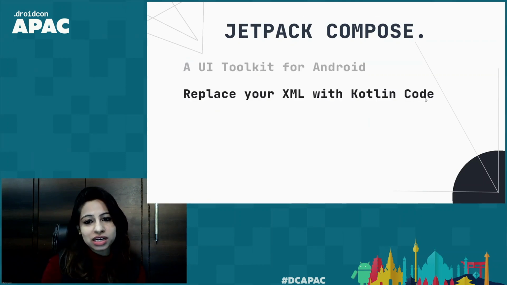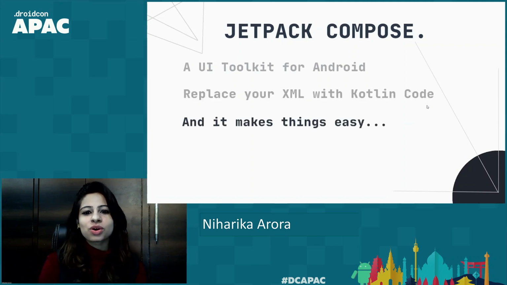And as we already discussed, it's declarative UI. With one language, we can now use one language for everything, and our XML has been moved entirely to Kotlin. And as we know Kotlin, things are pretty easy to learn, adapt, and explore.